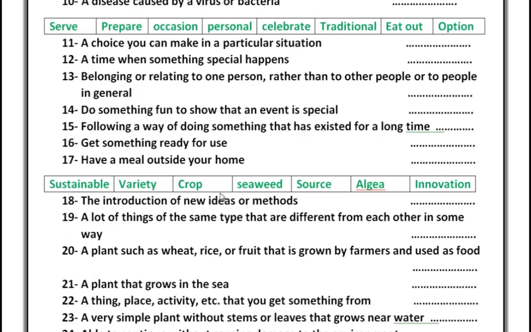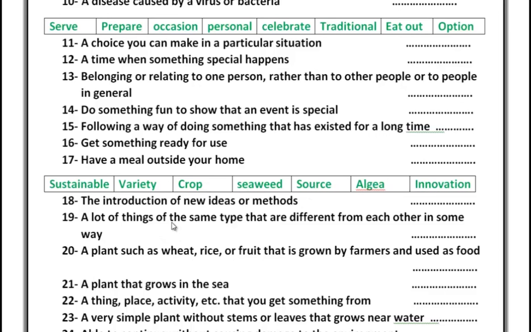Sustainable, variety, crop, seaweed, source, allergy, innovation. The introduction of new ideas or methods: innovation.